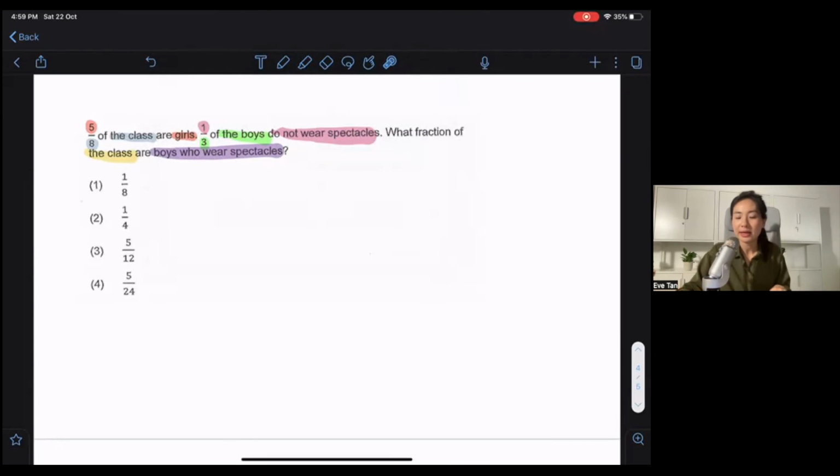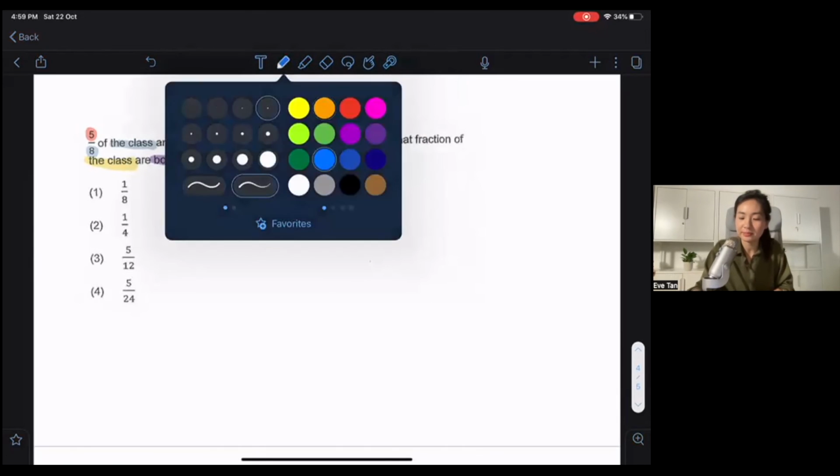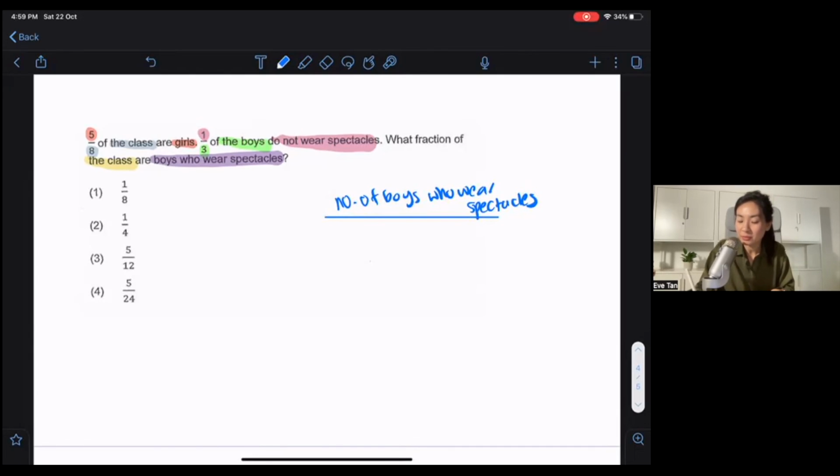Okay, now let us write down what the question basically wants. The question wants a fraction that gives the number of boys who wear spectacles out of the total number of people in the class.